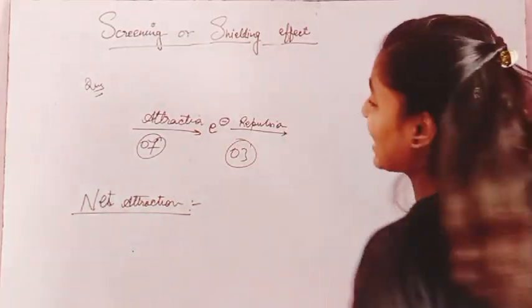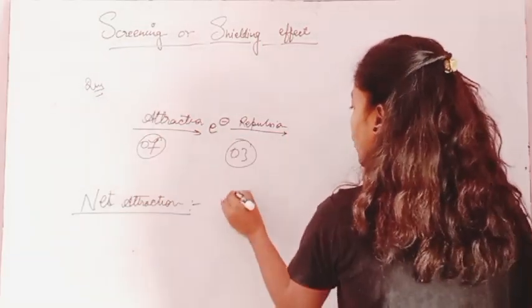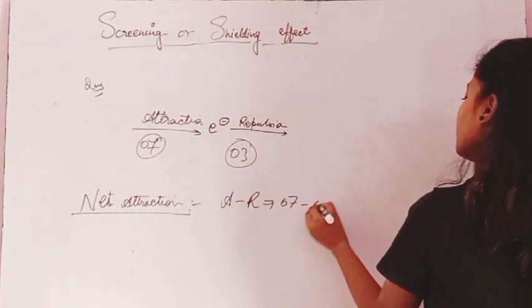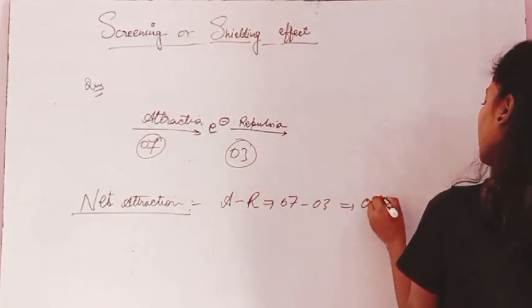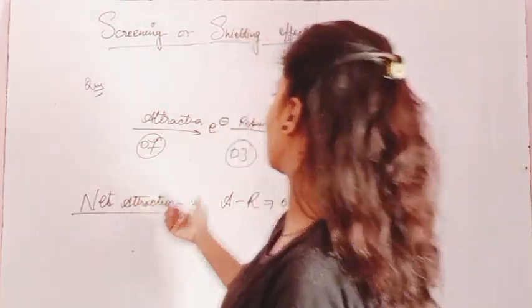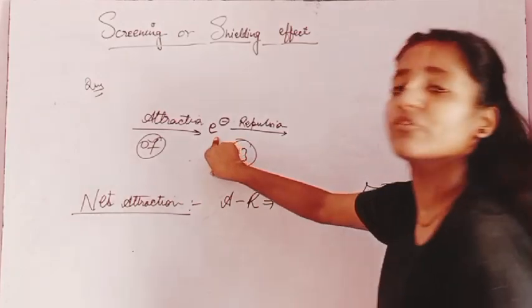You would directly say it's so easy. We will do attraction minus repulsion, that is 7 units minus 3 units gives you 4. And that's your net attraction on the outermost shell electron.